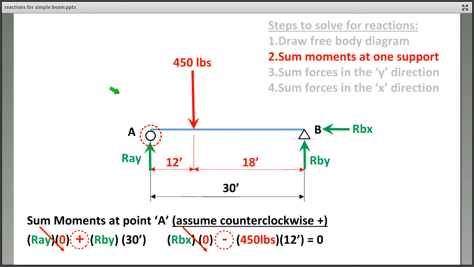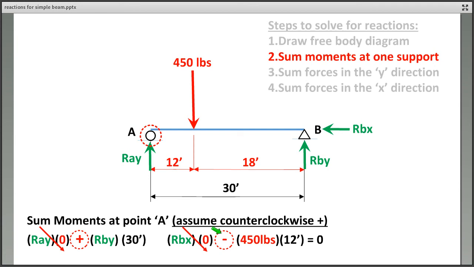And in our case, we said counterclockwise was positive, so we're going to go ahead and put a positive in front of that. The other vector, again, if you put your finger on point A and then you have a vector going down, you can visualize that that vector is going to cause a rotation in a clockwise direction. And so clockwise direction, we would put negative.